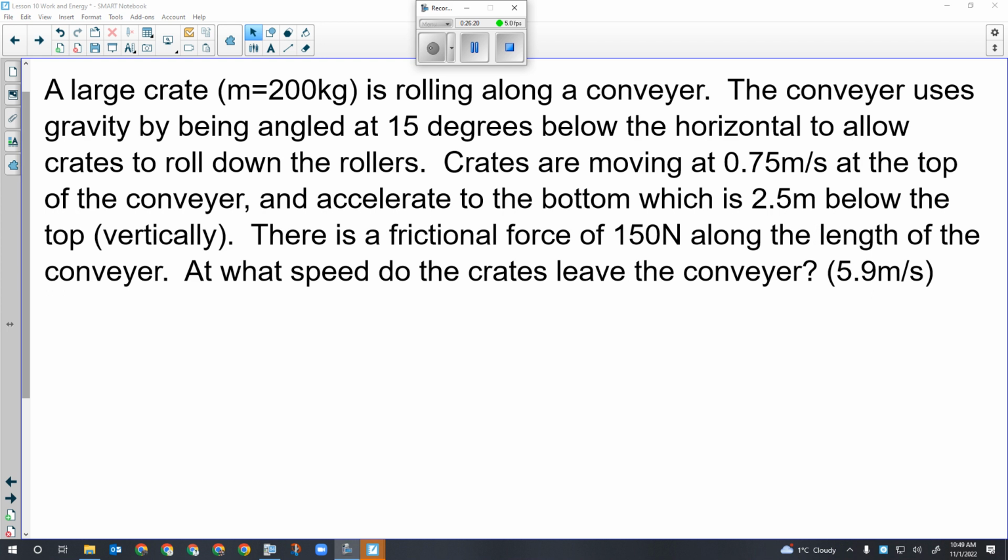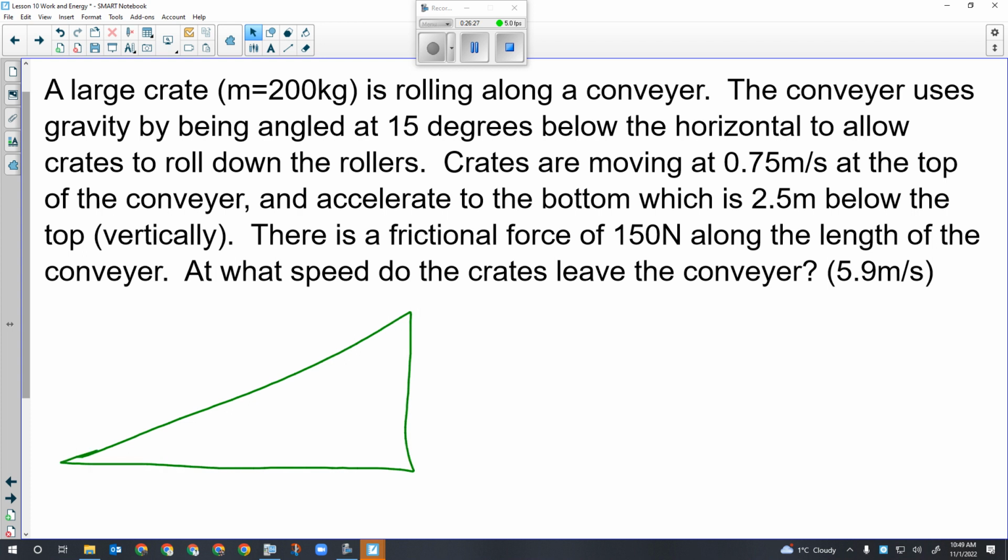Let's just look at the setup for this one here, guys. So we've got 15 degrees right here, and we know that it's 200 kilograms.